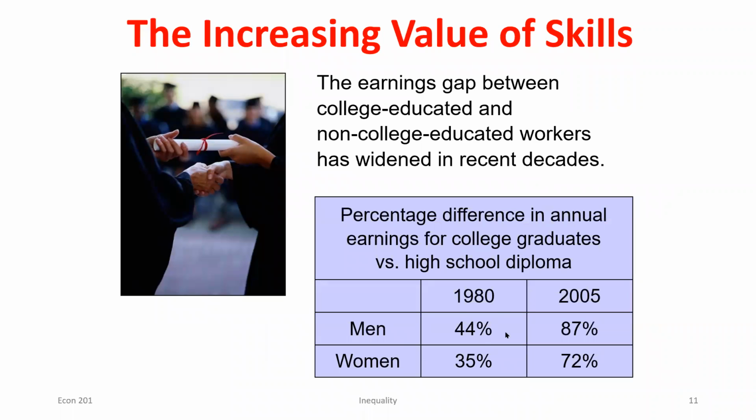Now, one thing over time, though, we are seeing that gap is going down. If you think about the growth here, we're seeing growth for both males and females from having a college degree versus a high school diploma. In my stats class, we look at this data set.